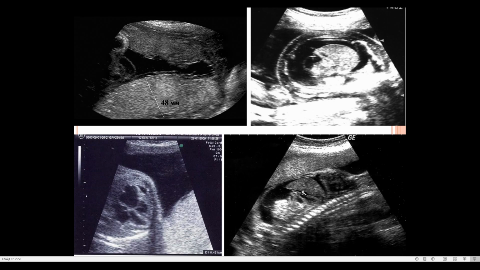In the low left picture, the same is present, hydropericardium. Near the four chambers heart, you can see additional collection of fluid which is marked and measured, and it is the presence of hydropericardium.